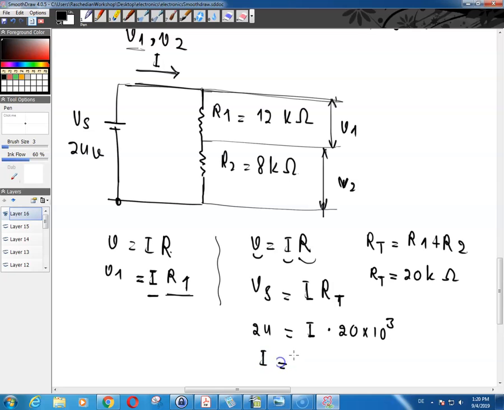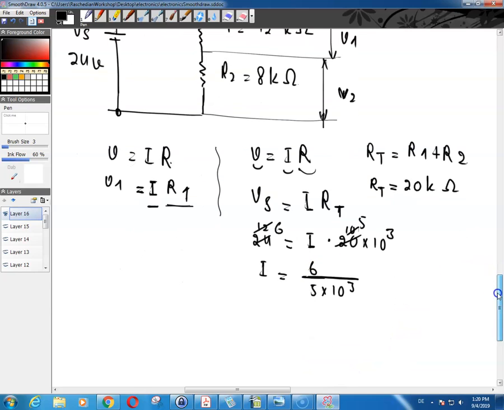So you can simplify this, divide by 2, 4 over 20 becomes 12 over 10, divide by 2, 6 over 5, and so I is equal to 6 divided by 5 into 10 raised to the power negative 3.